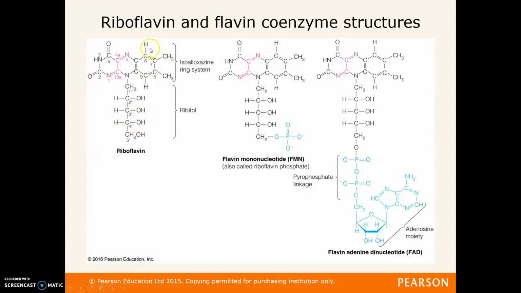So the key part of FAD is this flavin ring structure here, right? And this is built from riboflavin, and you might recognize that as one of the B vitamins. And the key part of it is in this ring here, we have these two carbons that have double bonds to nitrogens within these rings. This is the business end of this molecule.